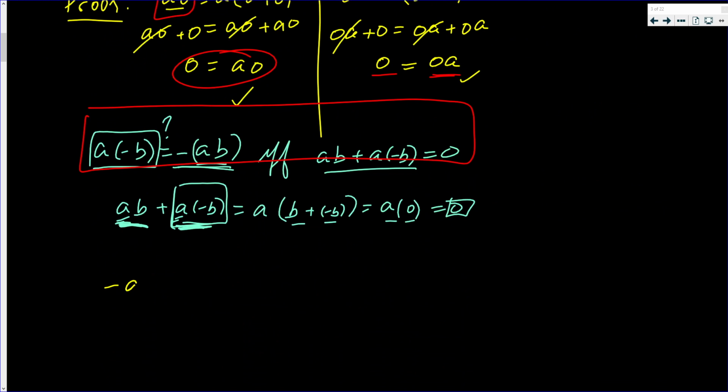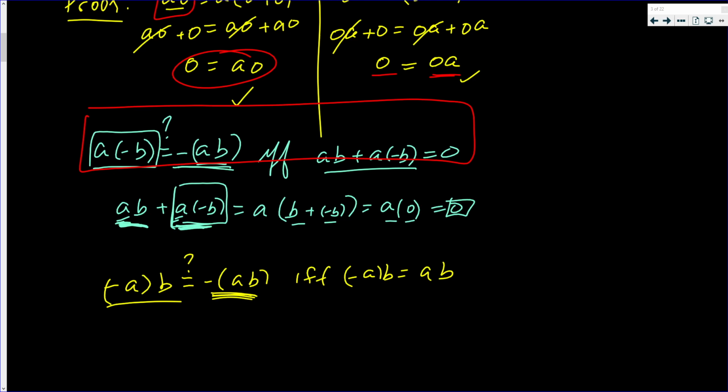If you have negative a and you multiply it by b, is this negative ab? Well, it is if and only if this is ab, because if I take ab and I add it to this, I should get 0.